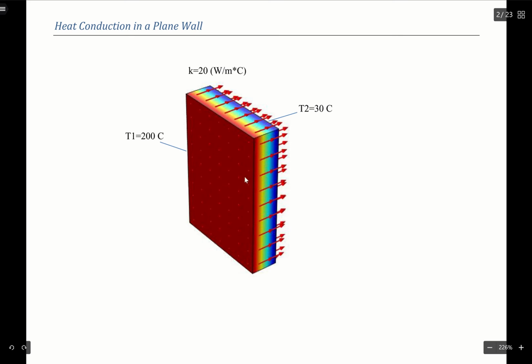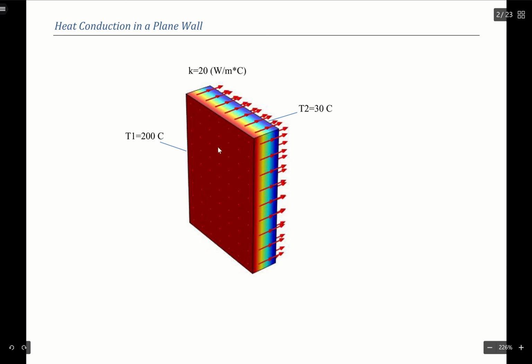So whenever you have a temperature gradient like this, where it goes hot to cold, you'll have heat transfer energy being transferred from the hotter, more energetic particles to the colder, lower energetic particles. And so that's what these arrows are showing, is the direction of the rate of heat transfer.